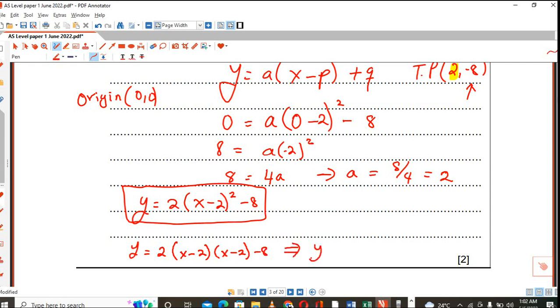That gives you y equals 2x squared minus 8x. Also note that our c is equal to 0 as we expected, because this parabola passes through the origin.